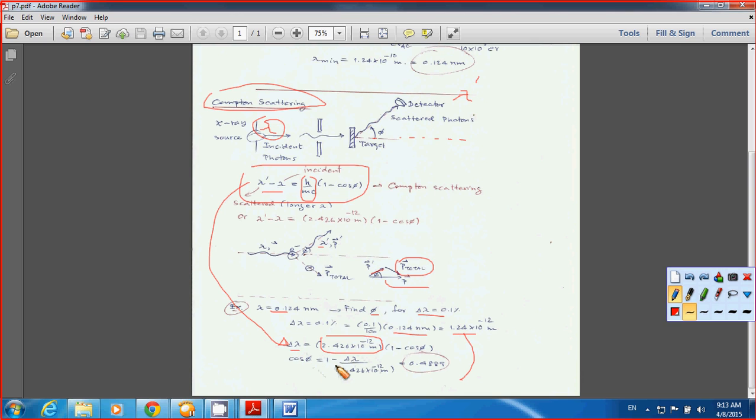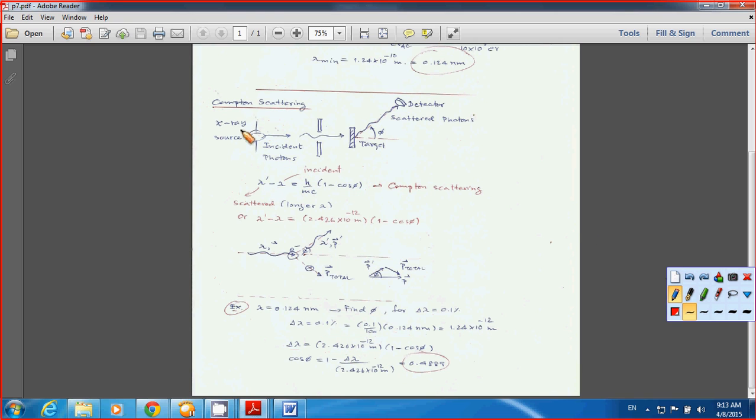Oh, this is delta lambda here. You plug in the number here, and you end up with cosine phi equal to 0.4889. Okay, so this is the Compton scattering. Again, you can change the wavelength of the photon to a new wavelength by using Compton scattering.